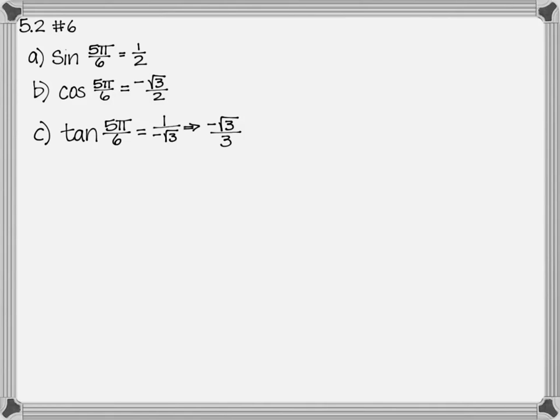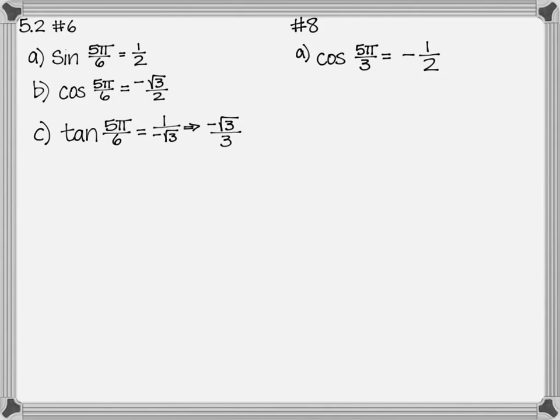And so you would have 1/2 divided by negative root 3 over 2, which would give you 1 over negative root 3. But we don't like to write our square roots in our denominators, and you're going to find in this section we always rationalize our denominators, so this is the same thing as negative root 3 over 3.